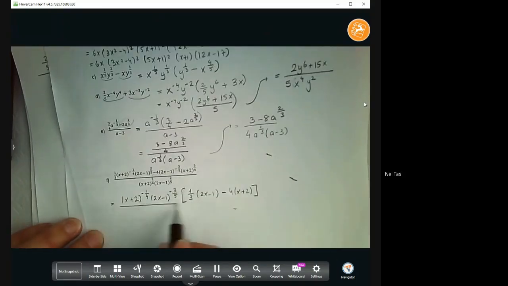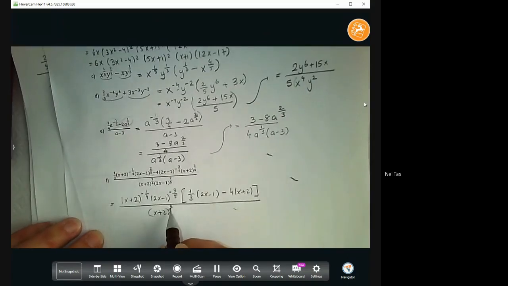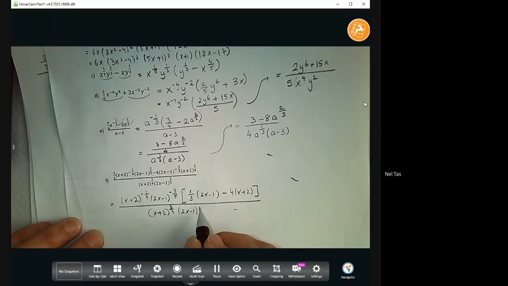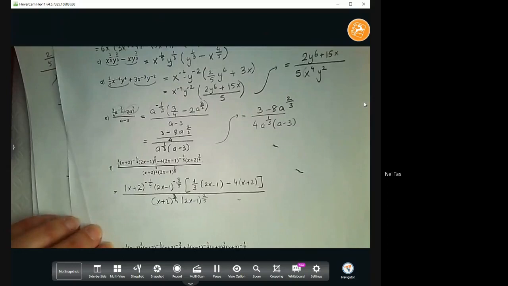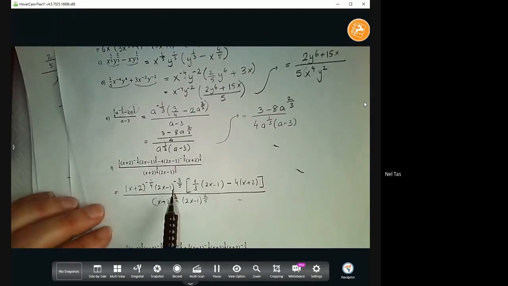So denominator is the same, x plus 2 to the power of 3 over 4, 2x minus 1 to the power of 2 over 5. Okay. So we have negative exponents here that we need to get rid of. And we have a fraction in numerator, and we have to get rid of that one too.